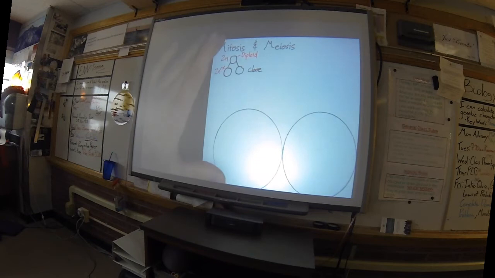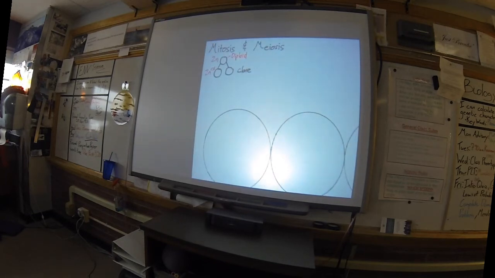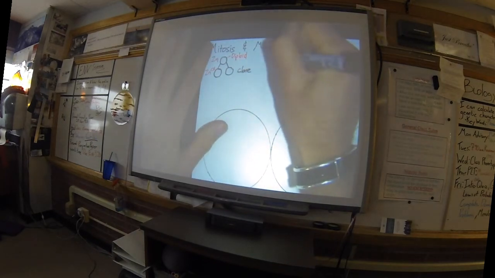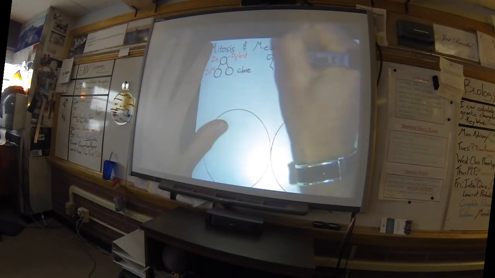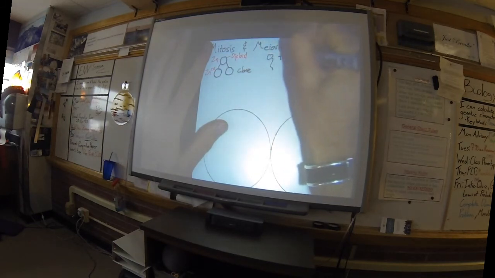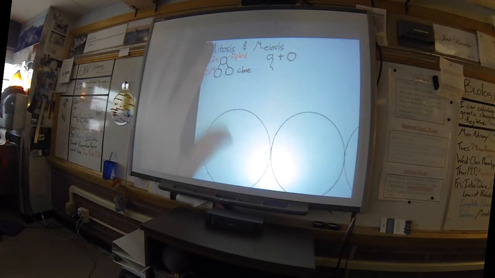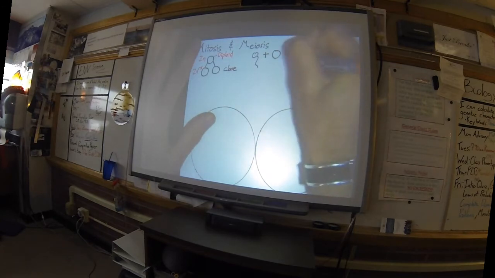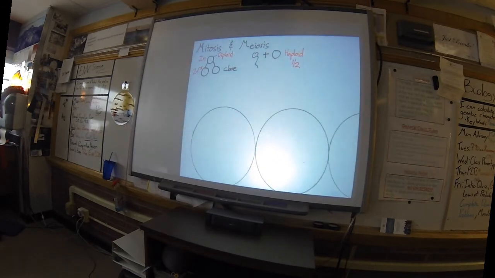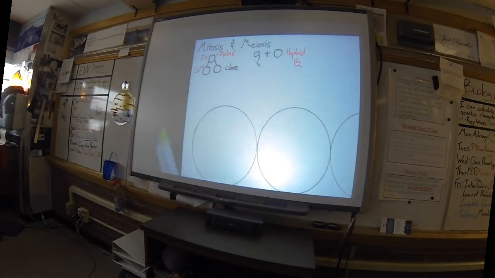Now, meiosis is really referring to the only spot in our body where this happens, which is the male's sperm and then the female egg. Okay? This term is known as haploid. Haploid cells have half the DNA. Now, if we're talking about numbers, it's really easy to get these confused.